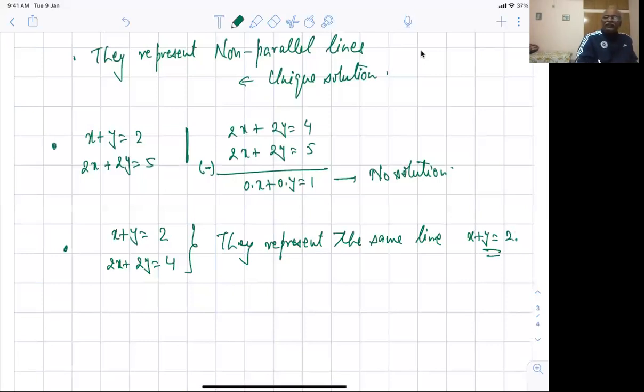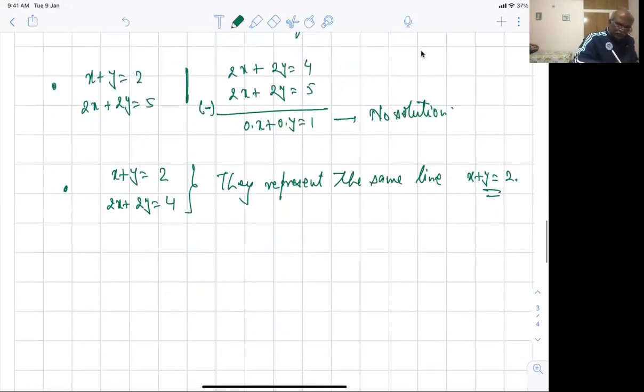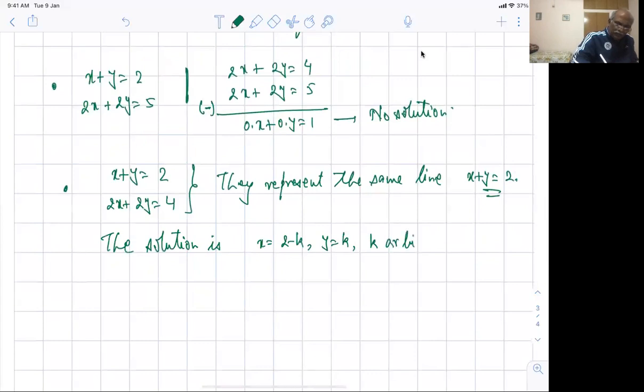Fine. And it has an infinite number of solutions. The solution is x is equal to 2 minus k and y is equal to k, with k arbitrary. All right, fine. So this is what I have.